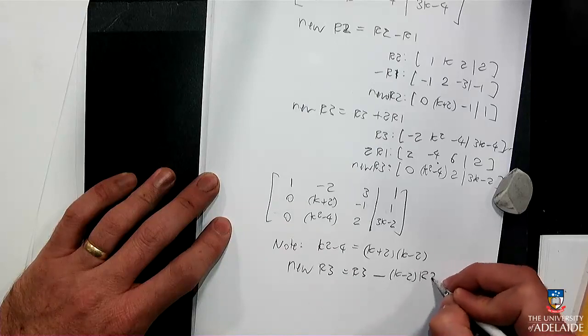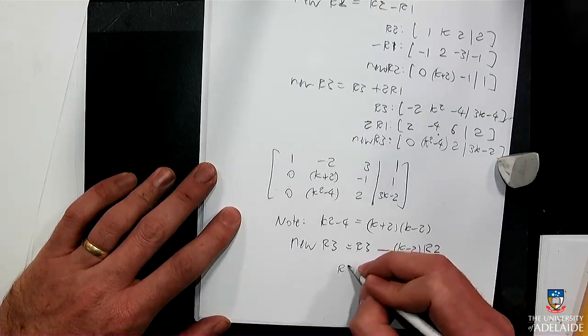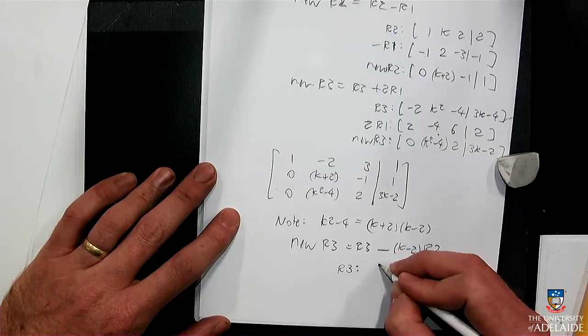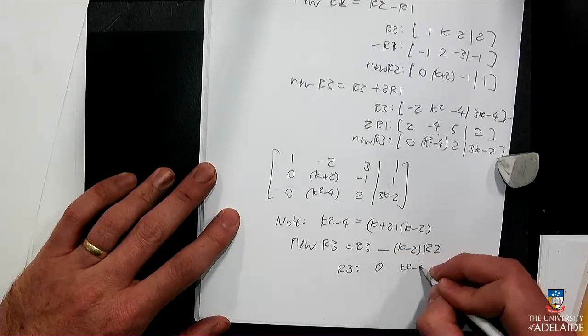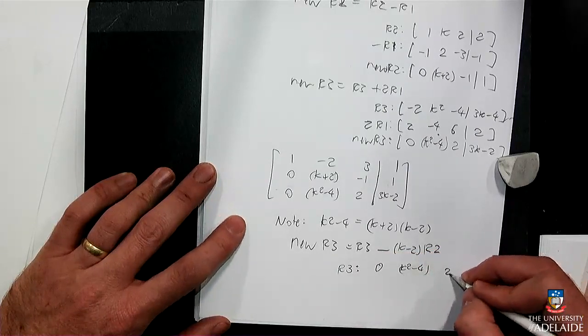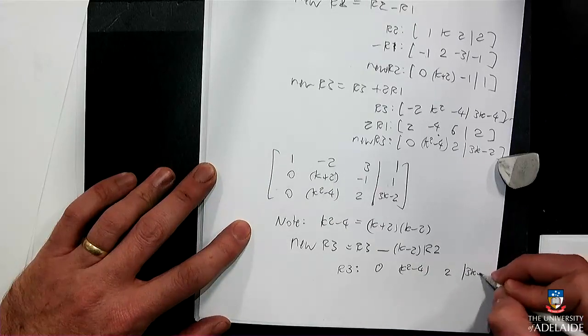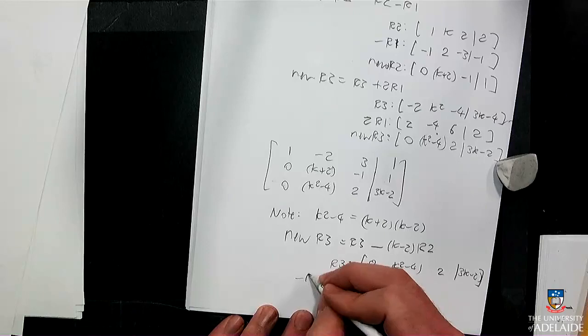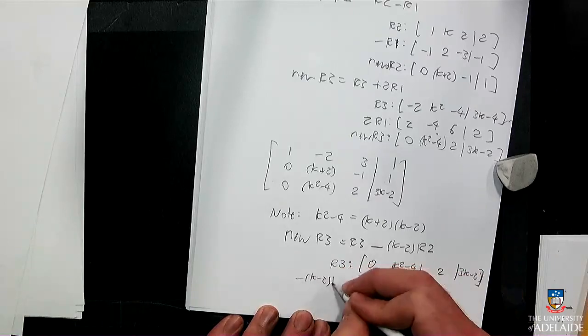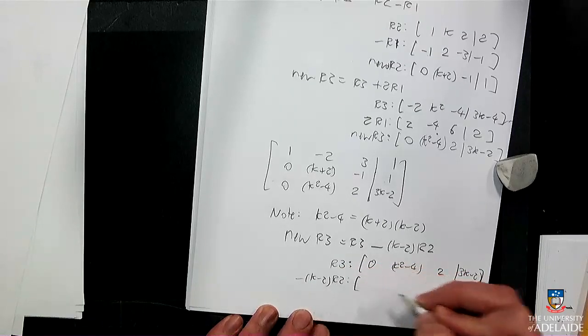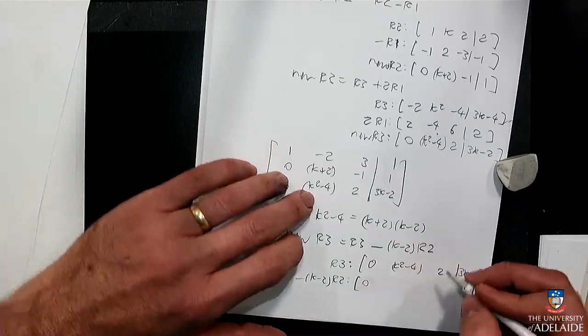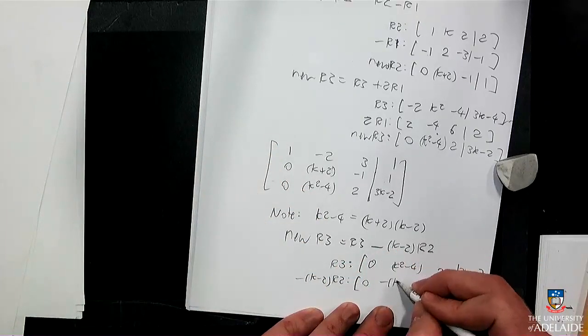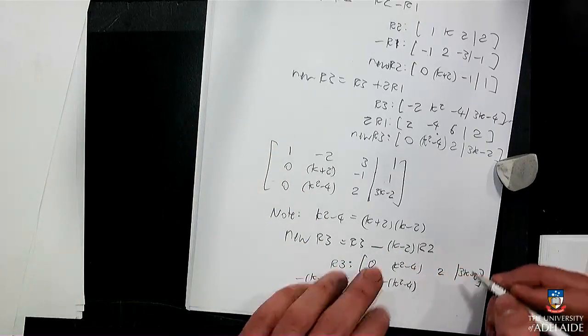So let's do my new row 3 is my old row 3 minus k minus 2 lots of row 2. So this is what row 3 currently is: 0, k squared minus 4, 2, 3k minus 2. This is what minus k minus 2 lots of row 2 looks like, which is 0, now minus k squared minus 4.